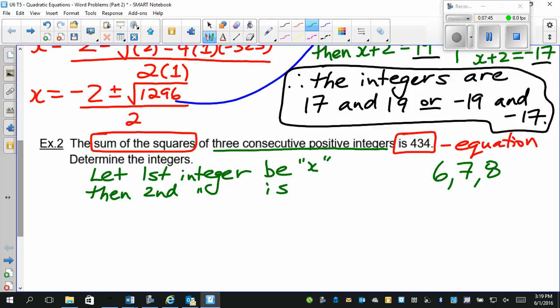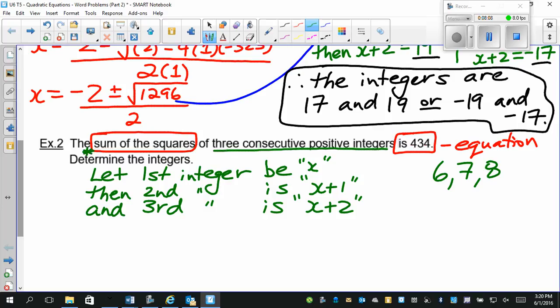So the second integer is going to be x plus 1. And the third integer is x plus 2. So we've got an expression for each of those integers. Now we'll deal with the equation part.